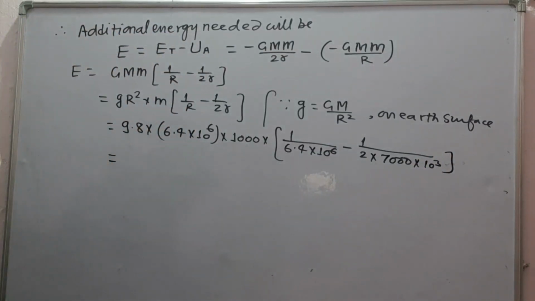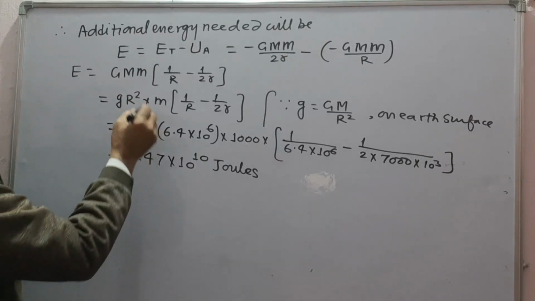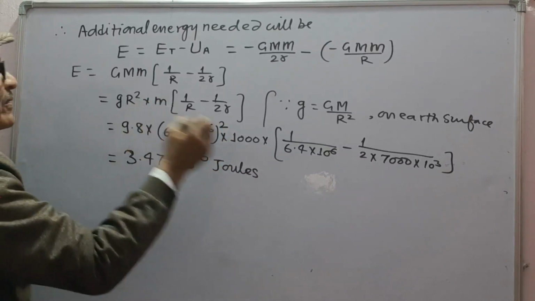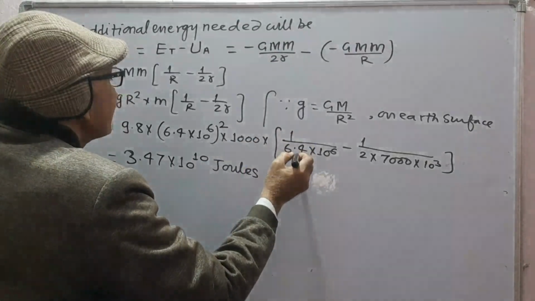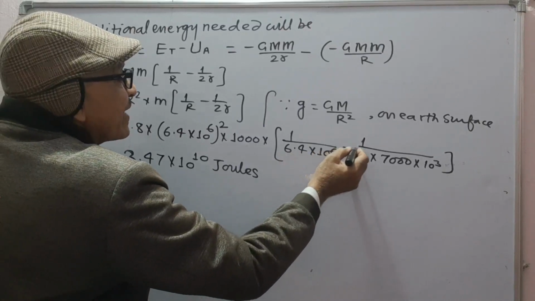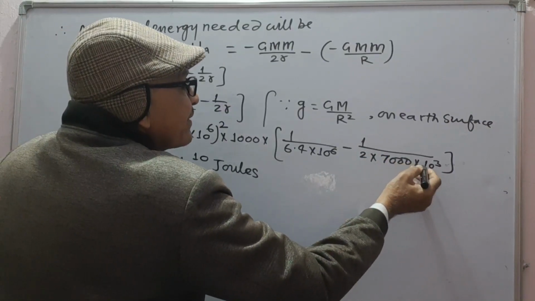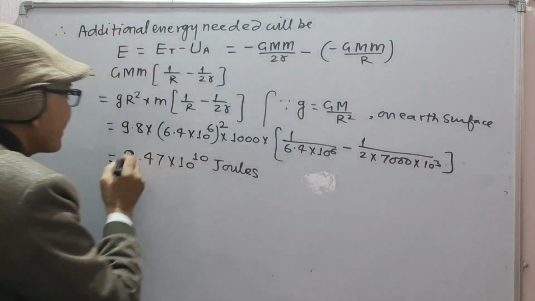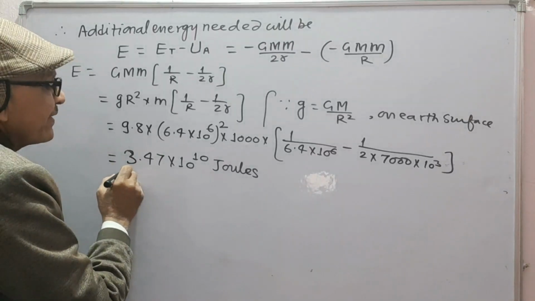On simplification, we get additional energy as 9.8 into 6.4 into 10 to power 6 square into small m, mass of satellite, 1000, into 1 upon capital R, 6.4 into 10 to power 6, minus 1 upon 2R, 2 into 7000 kilometers into 10 to power 3, which becomes meters, and on calculation it gives additional energy as 3.47 into 10 to power 10 joules.